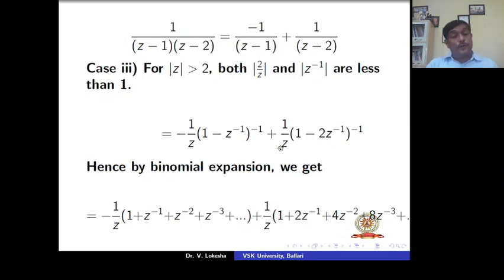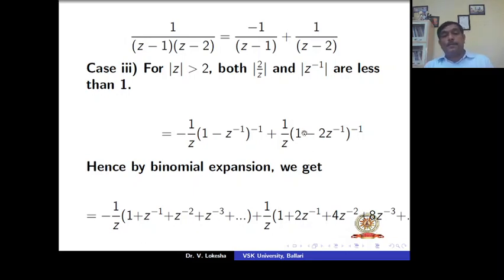Same procedure as in the previous example, apply binomial expansion. We get minus 1 by z, in the form of (1 minus x) to the power of minus 1, apply 1 plus x plus x square plus x cube etc. Substitute in place of x, z to the power of minus 1, you get this one.